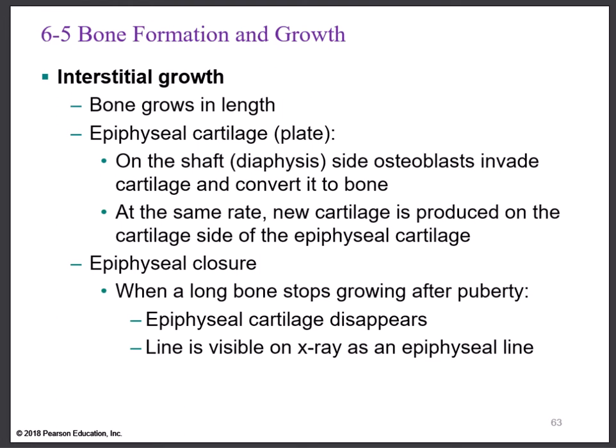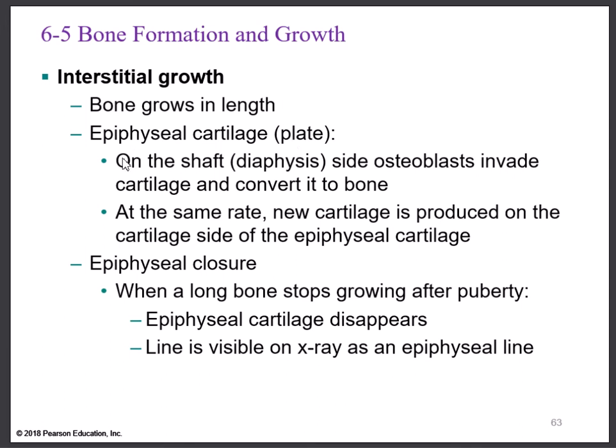So we did this already in the steps, but just to formalize it: interstitial growth. What I want you to know is this is the bone growth in length. This is what makes us get taller. This is what makes our arms grow longer. The activity occurs at the epiphyseal cartilage, also called the epiphyseal plate.